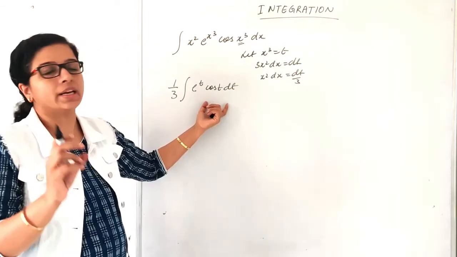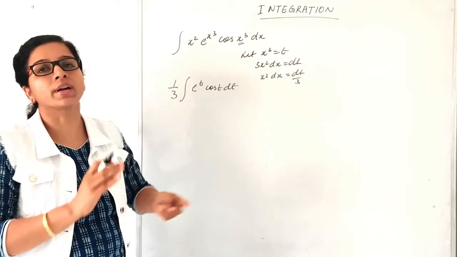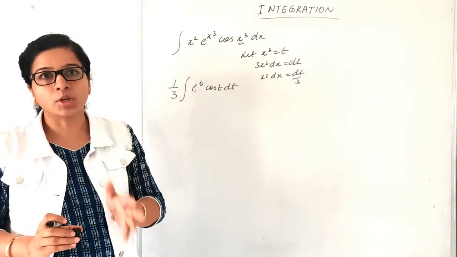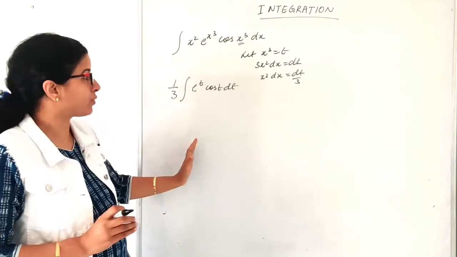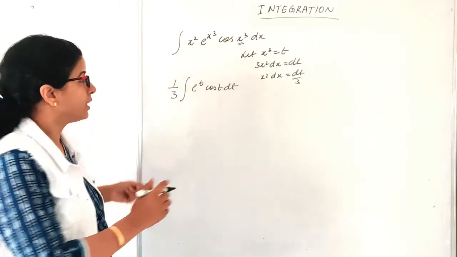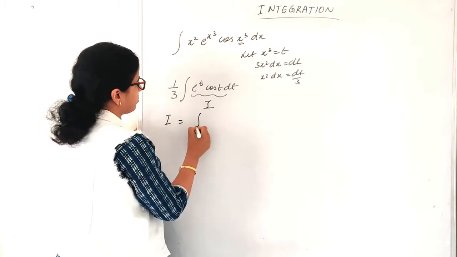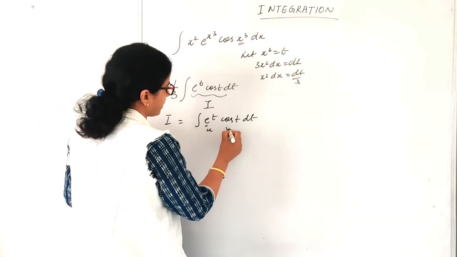Now students, if the question has come in a competition and you have been given options, you can directly use the formula. Had it been a case where it has come in your board exam for higher weightage, say for example 3 or 4 marks, what you have to do, you have to solve it properly the way I have solved it, right? So what I am going to do, I will let this as I. So I is equal to, and same way this will become your first function and this will become your second function.